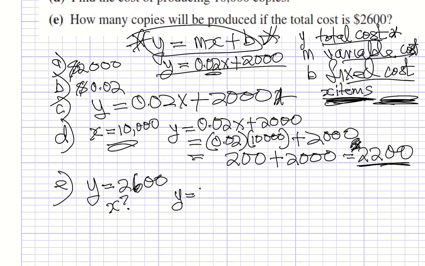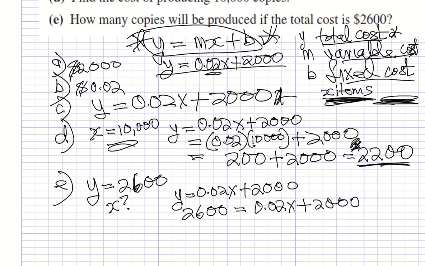The equation is 0.02x plus 2,000, okay? And you put the value of Y, 2,600, equals 0.02x plus 2,000. You solve for X. You move this to the left. It changes sign. It's 2,600 minus 2,000 equals 0.02x.